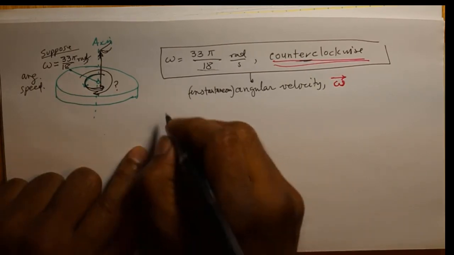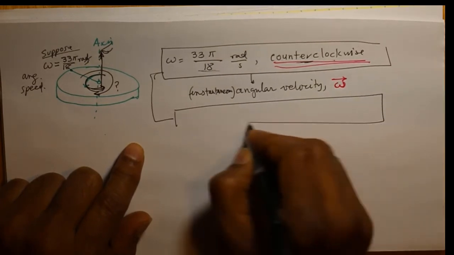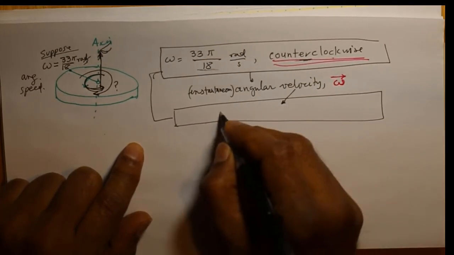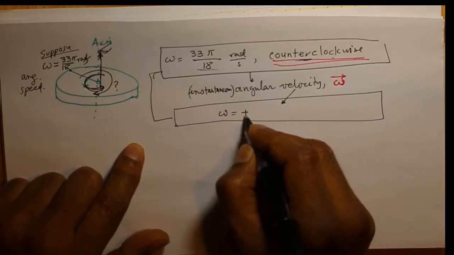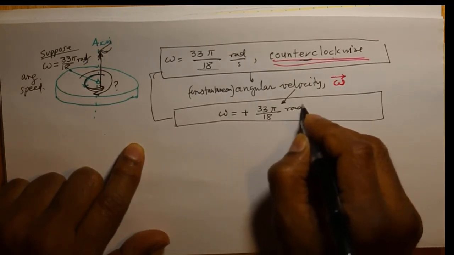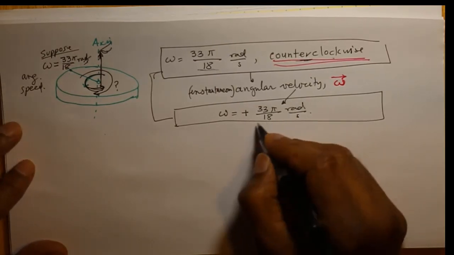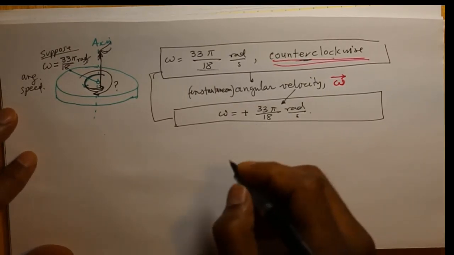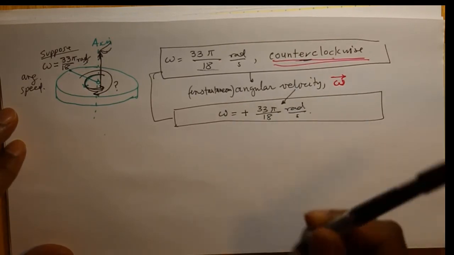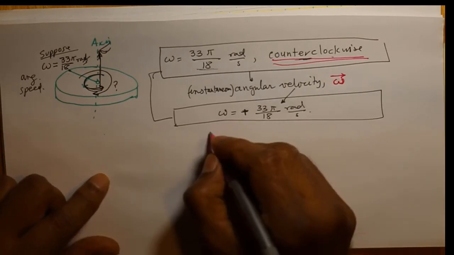Another way to write this: because this is counterclockwise, we can just say angular velocity omega is plus 33 pi over 18 radian per second. What we are saying is the component, because of plus and minus.